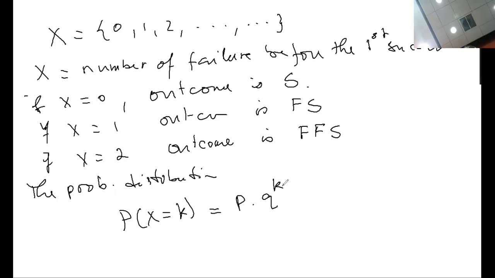So the geometric distribution is defined as P of X equals k is equal to p times q to the k. Next question we want to ask is, what is the probability generating function of a geometric distribution?